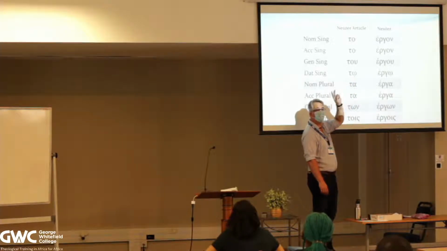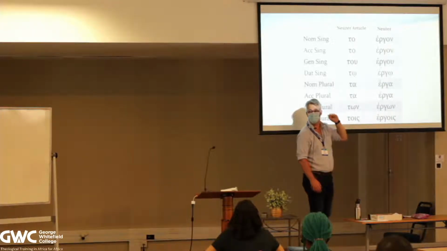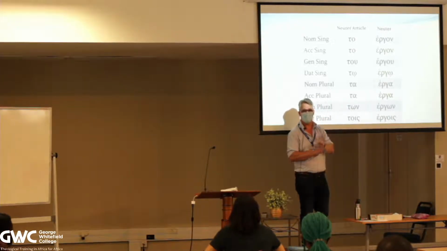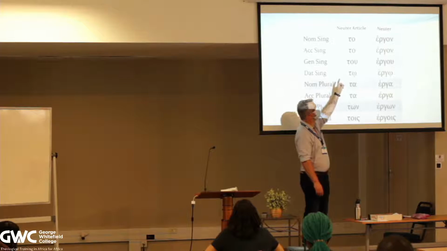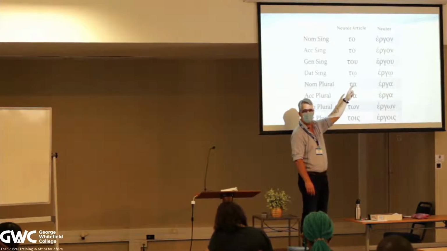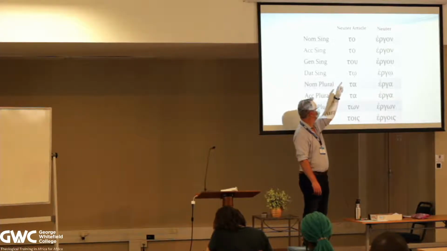But agreement doesn't always mean they look the same. Can you see that? They agree, they're the same case, number, and gender, but now they don't look the same. It's not ton ergon, it's to ergon, because it's a neuter noun and it takes a neuter article. And they're different.